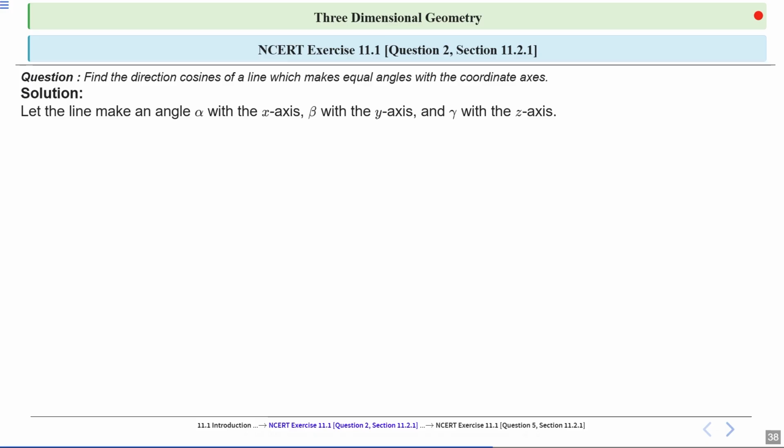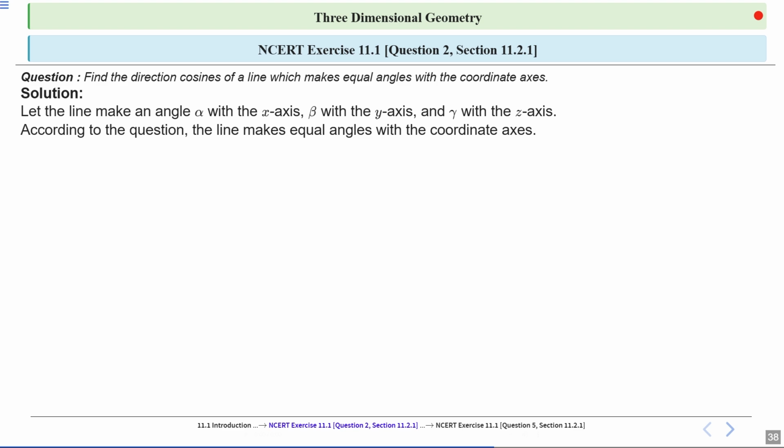First, let the line make an angle alpha with the x-axis, beta with the y-axis, and gamma with the z-axis. According to the question, the line makes equal angles with all three axes.